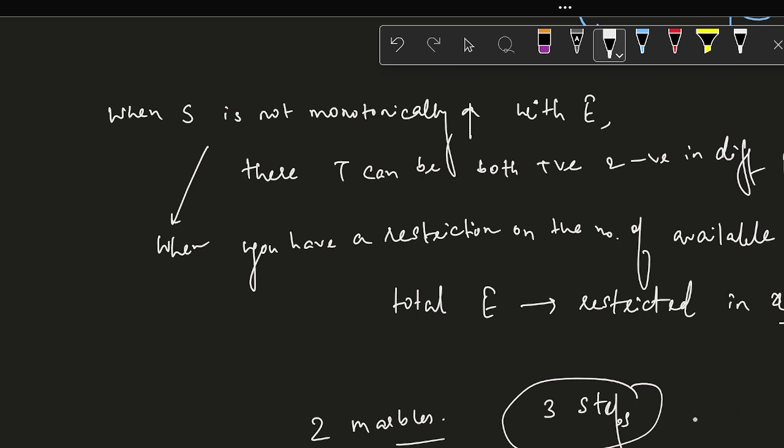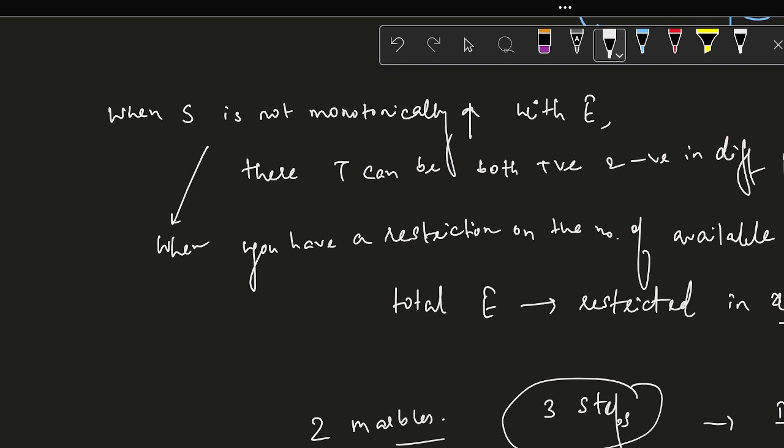But if let's say your number of steps were infinite, in this manner 1, 2, 3, infinite number of steps possible, right?